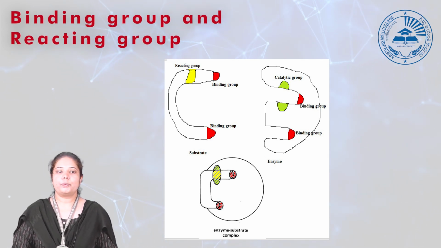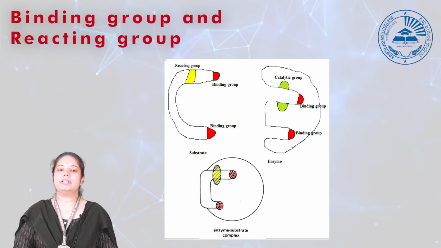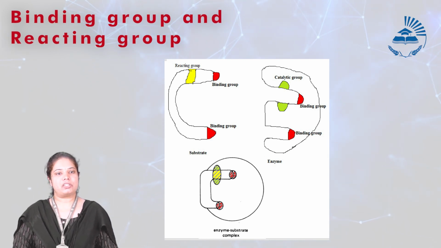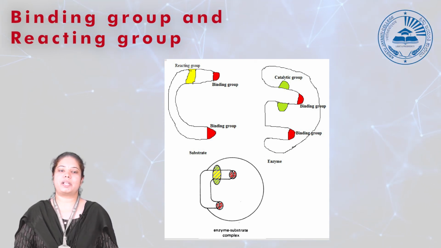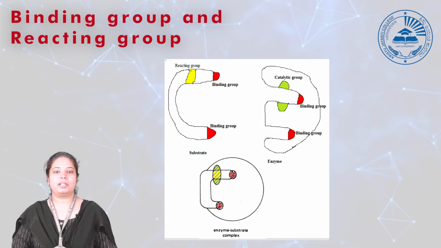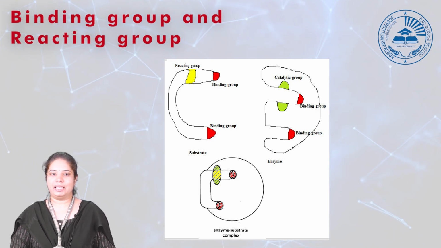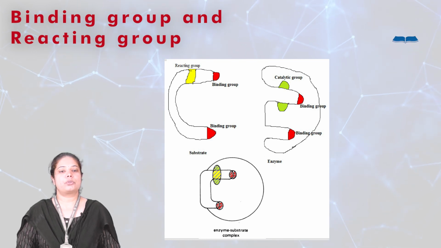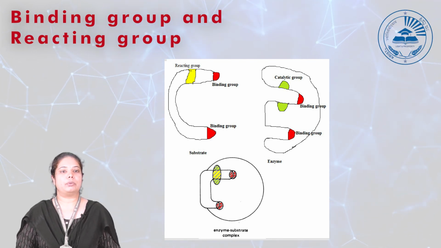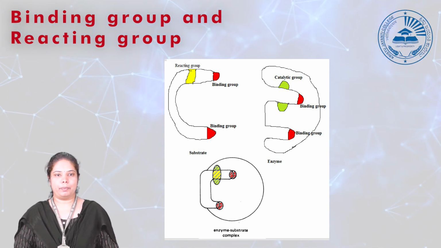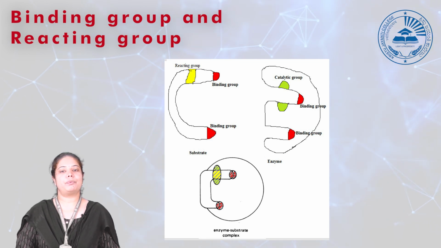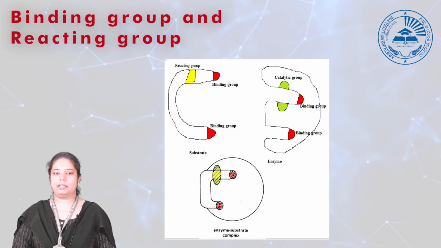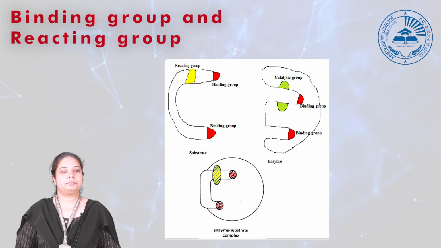The binding groups of the substrate bind with the binding groups of the enzyme in such a way that the reacting group of the substrate communicates exactly with the catalytic group of the enzyme, so as to form 3 points of interaction. These include the reacting group and catalytic group, and the two binding groups of the substrate interacting with the other two binding groups of the enzyme.